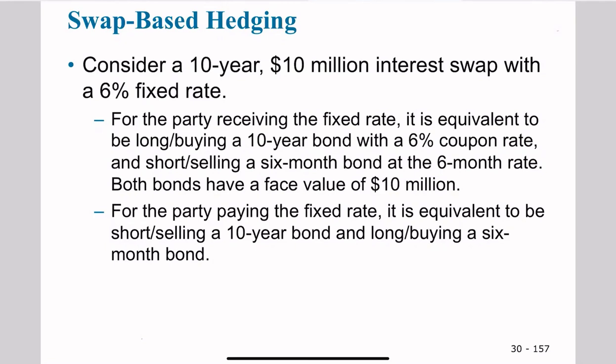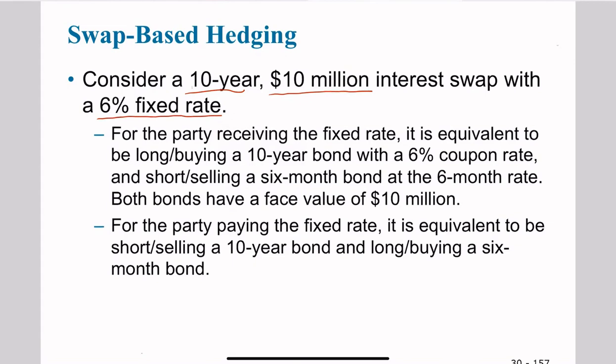Let's consider a 10-year, $10 million interest rate swap with 6% fixed rate. So 10-year, the notional principal is $10 million and 6% fixed rate.